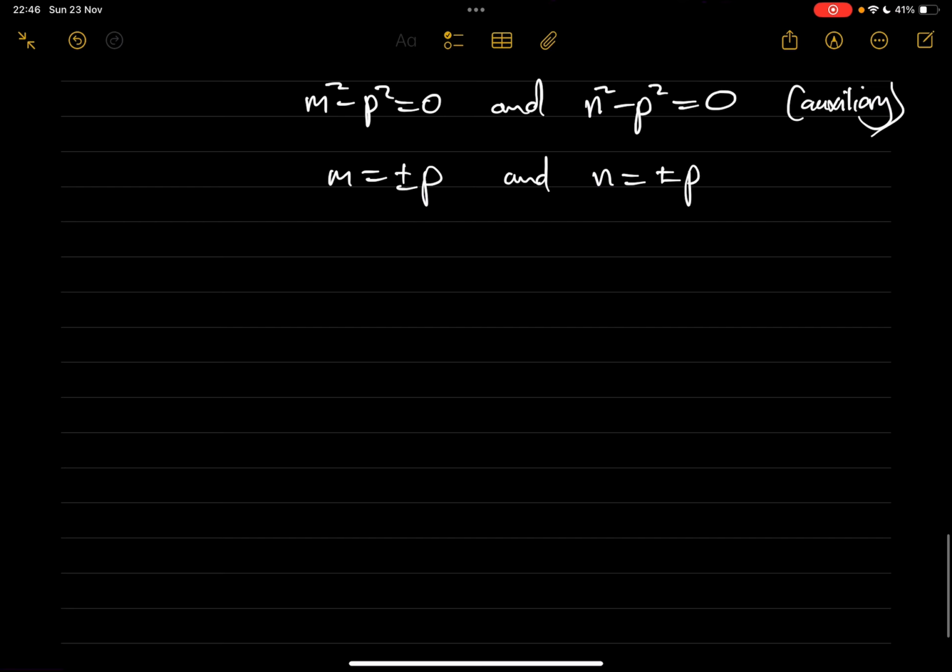Then again, we can rewrite z as X Y, but now in terms of p.